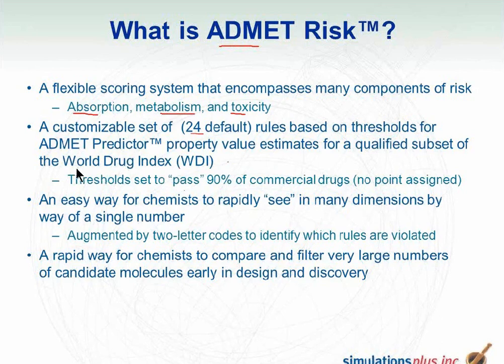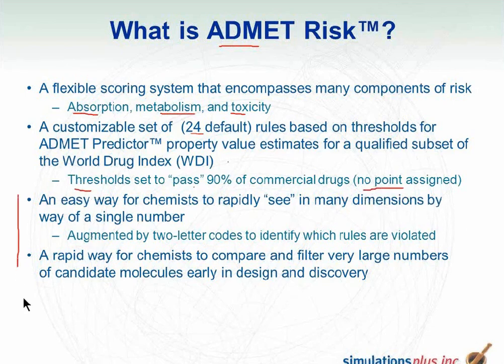We took about 2,300 orally delivered compounds from the World Drug Index. We measured various predicted properties for these compounds, and then applied thresholds such that 90% of the compounds would pass these thresholds. In other words, they wouldn't be assigned a liability score.